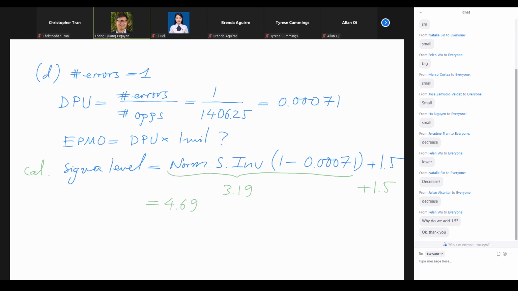This number is smaller than 5.0. We assume that we are operating at 5.0, but the calculated sigma level is significantly less than 5.0. You might think 4.69 is close to 5.0, but actually it's significantly lower than 5.0. So because of these, we call that misleading results.